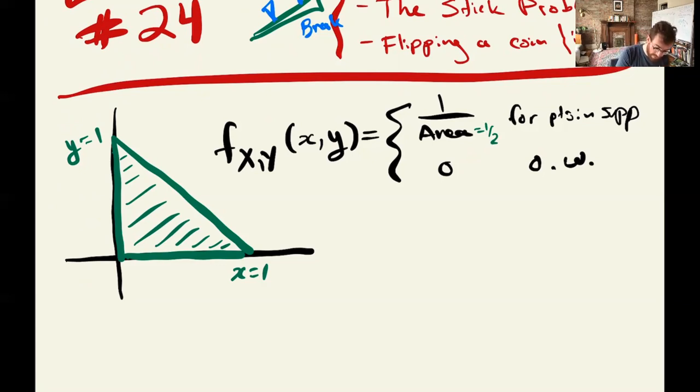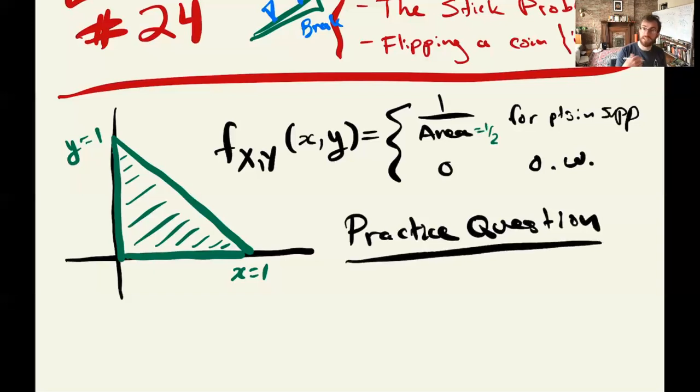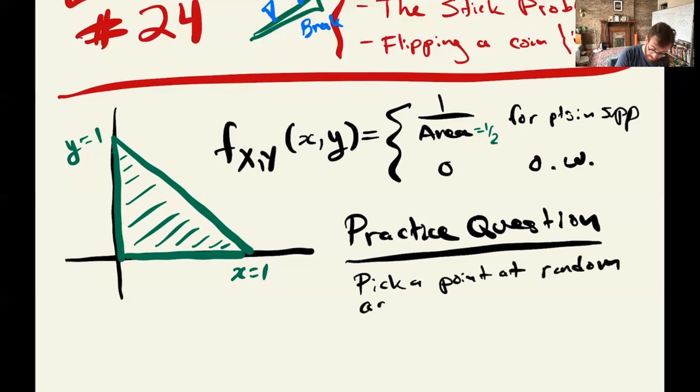So here's a quick practice question for you. This is typical of something you might see on the final. Suppose you pick a point at random, where random is defined in terms of this JDF.